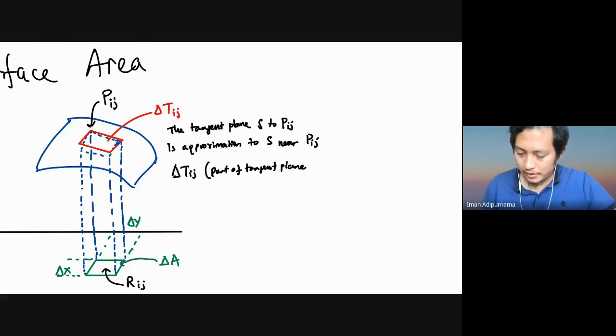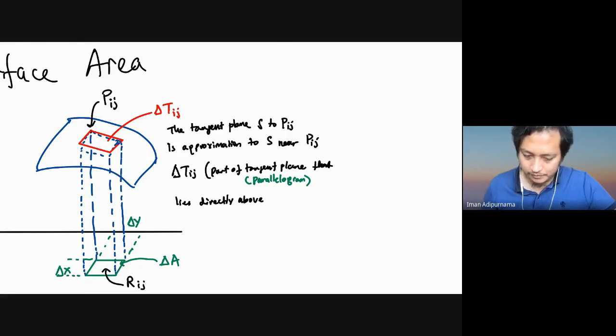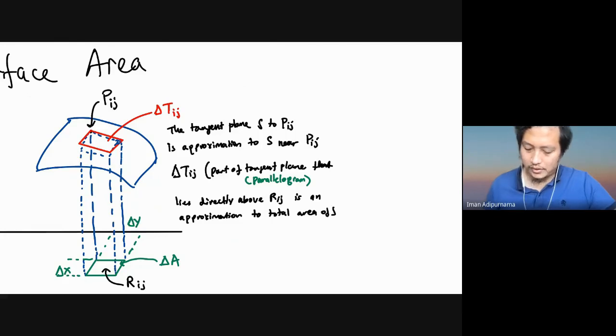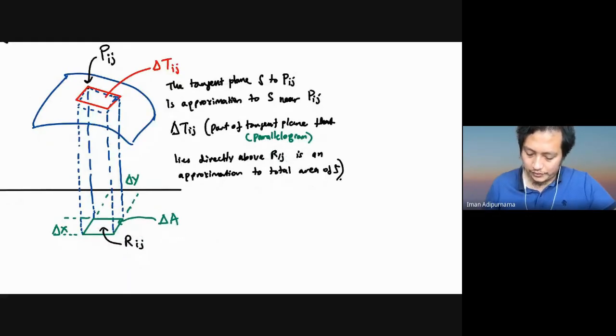And the tangent plane itself, we can say that the tangent plane is a parallelogram that lies directly above the R. It is an approximation to the total area of S. Okay, that's the definition of the delta T. So we define the surface area.